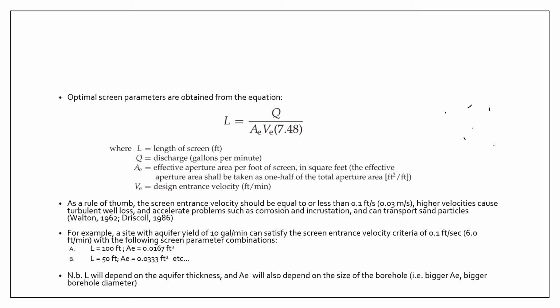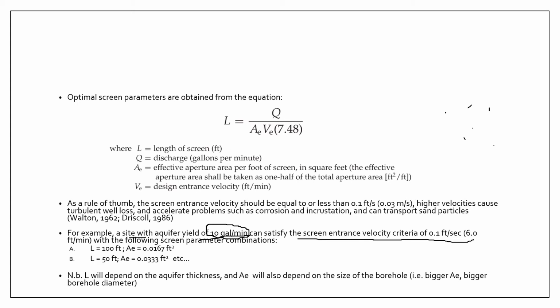All right, so using the equation above, for example, if you have a site that has an aquifer yield of 10 gallons per minute, so meaning that is the target pumping rate, right? 10 gallons per minute. And of course, our target screen entrance velocity is 0.1 feet per second.